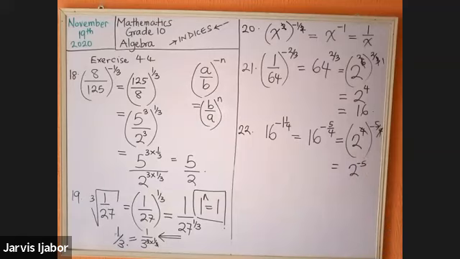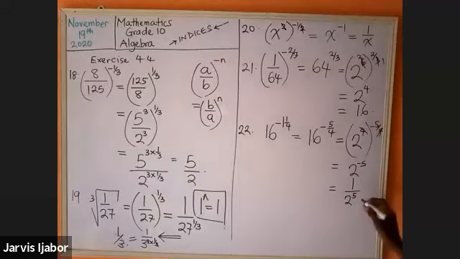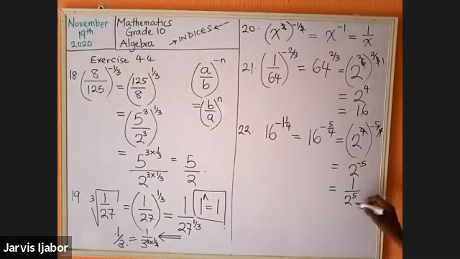-5. Now, at this point, you can now say 1 over 2 raised to the power of what? 5, because the negative here would turn this into a fraction.